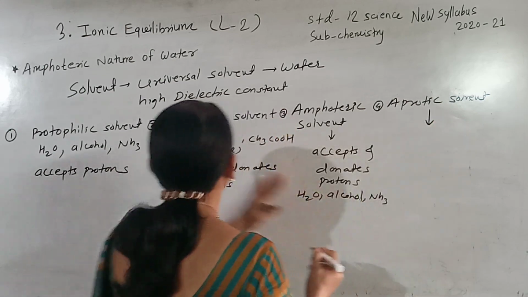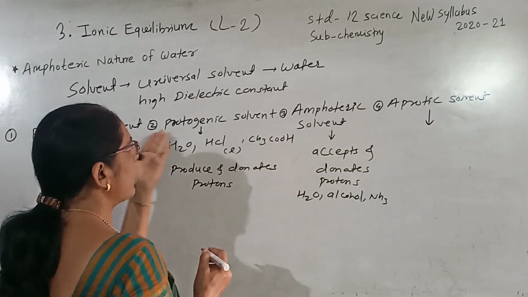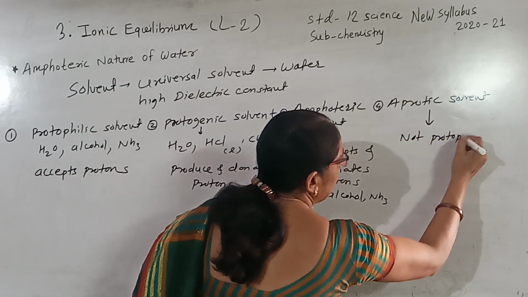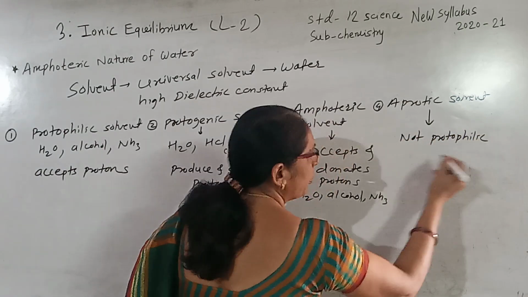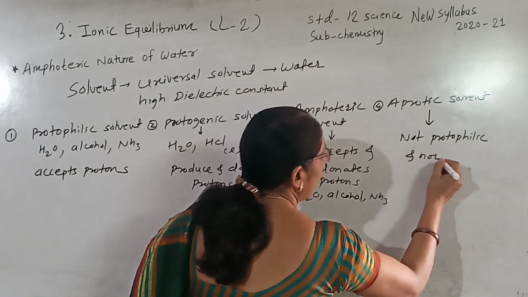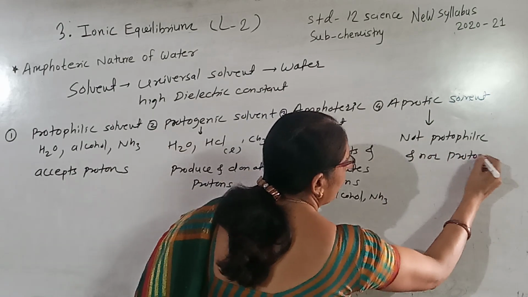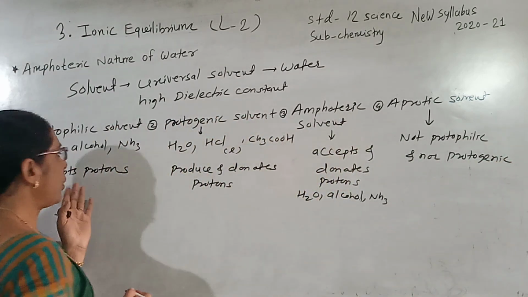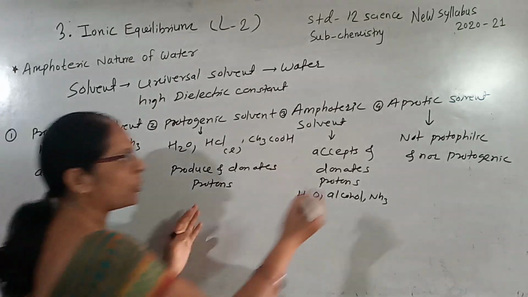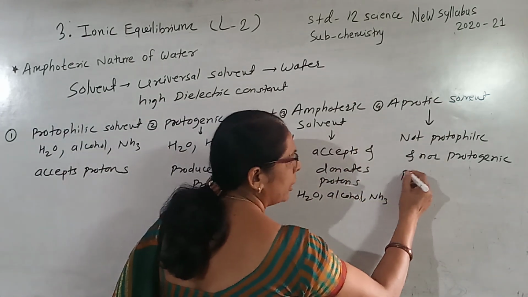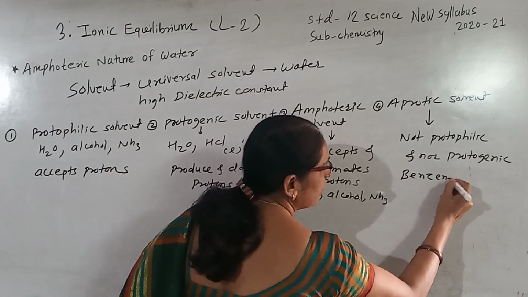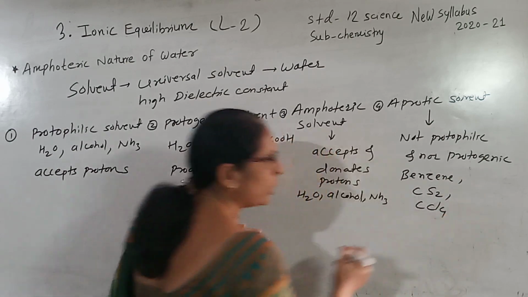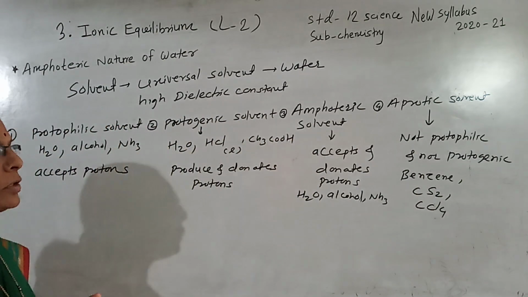Aprotic solvents are neither protophilic nor protogenic. They neither donate protons nor accept protons, and are called aprotic solvents. Examples are benzene, carbon disulfide or CCl4.